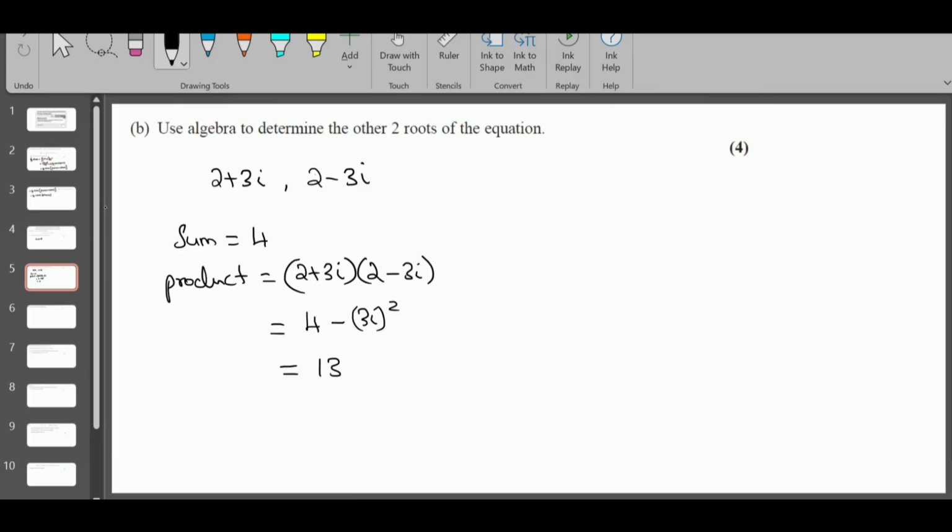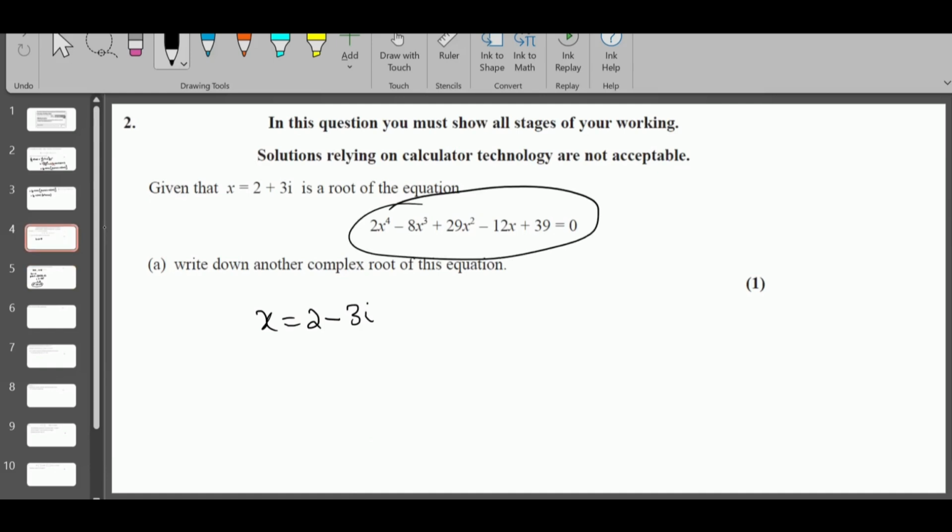So we can write a quadratic function as x square minus sum of the roots times x plus the product of the roots. So what I have done here, this is going to be one of the factors of the given function. So we need to find another factor. So I'm going to take the function now.